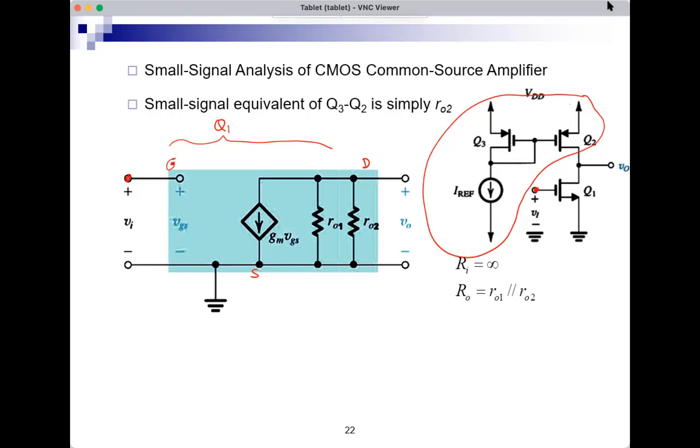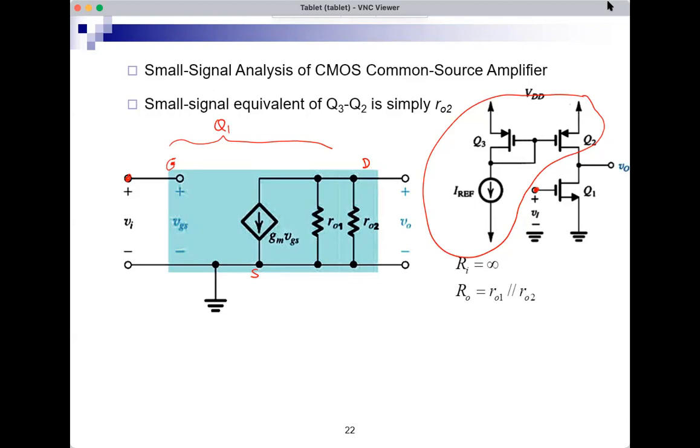So is this better than having an R? It is much better. So let's consider an example. If I have a resistor R, which is 5K, that I'm using in my circuit, and ro is 50K. These are typical values. Then the parallel combination of 50 and 5 would be something like 4 point something.